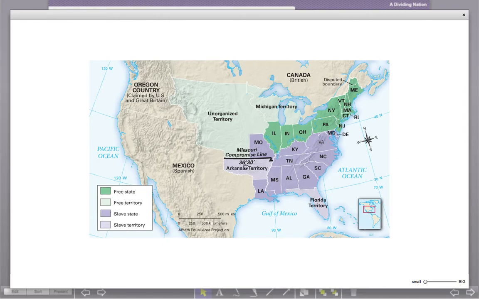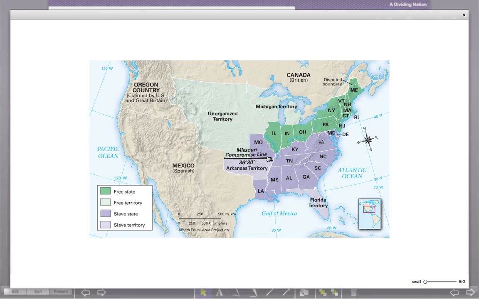So this is slave territory, this is free territory. These are free states, this is slave state. Well, I can tell you one thing, the Missouri Compromise line goes through here, so that's different than the first one. And it looks as though they've added a new slave state.